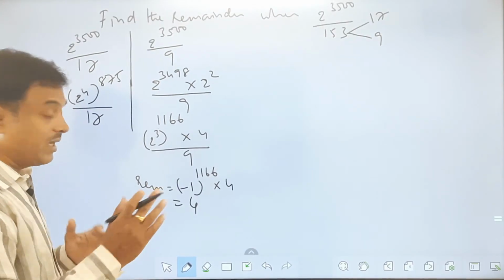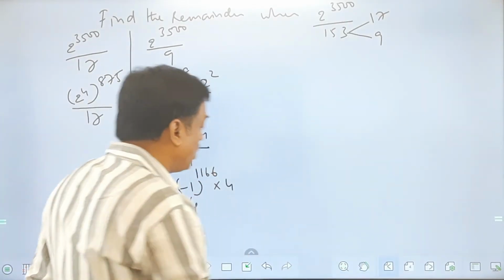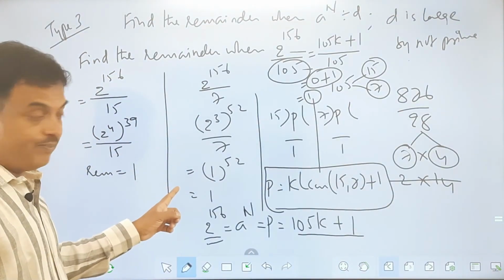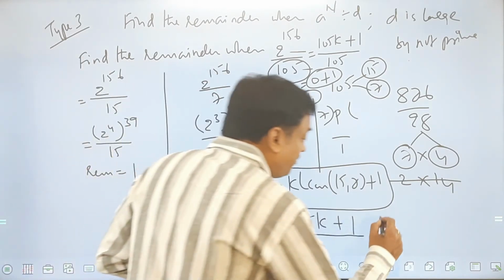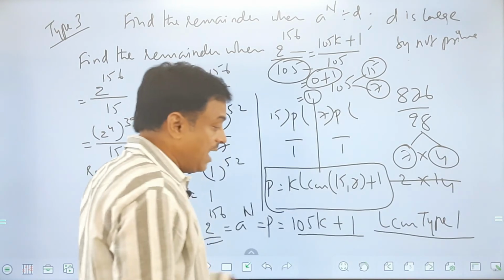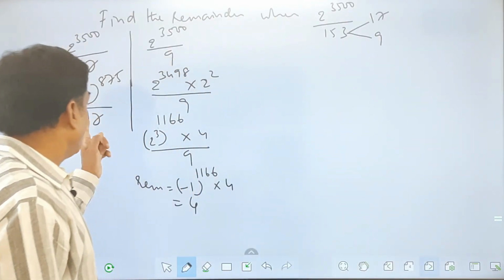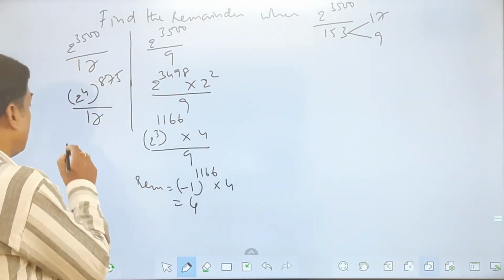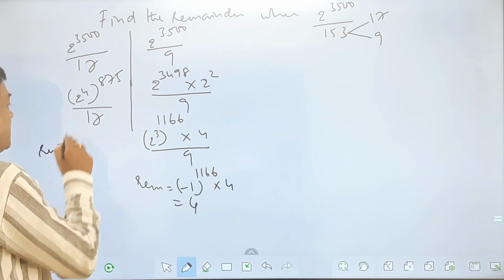And in the previous example, I got both remainders the same, so I called it LCM type 1 model. Here I got two different remainders. For 17, what is the remainder?